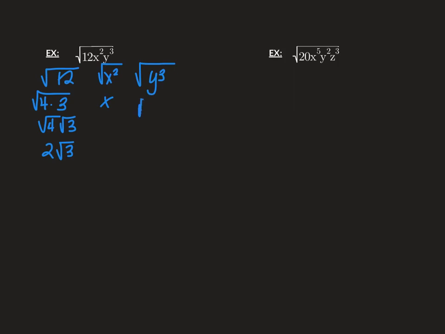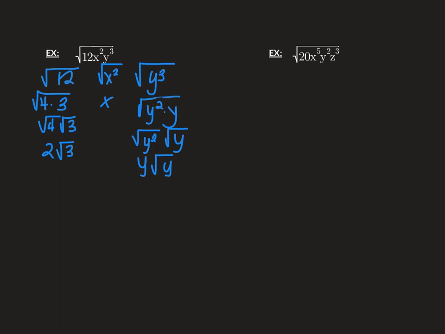The square root of y cubed is y squared times y, which, rewriting using the product property, I get the square root of y squared and the square root of y. And I know this is y root y.